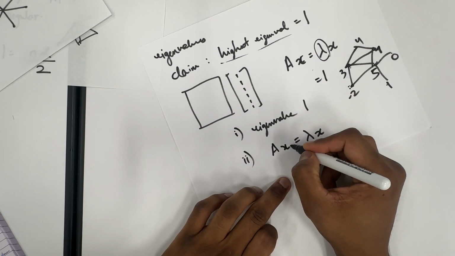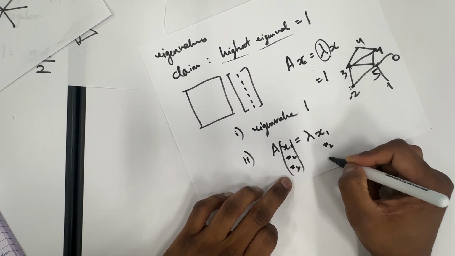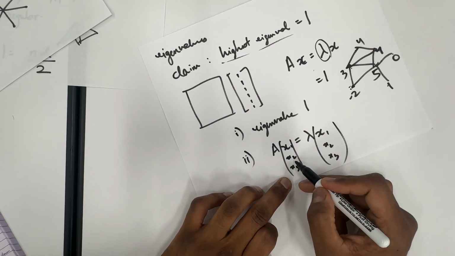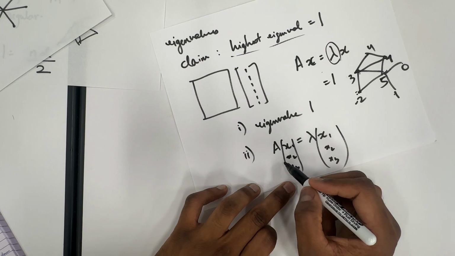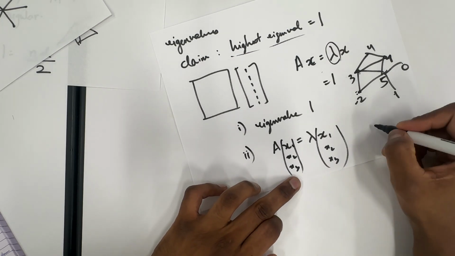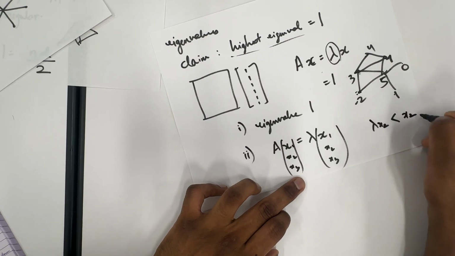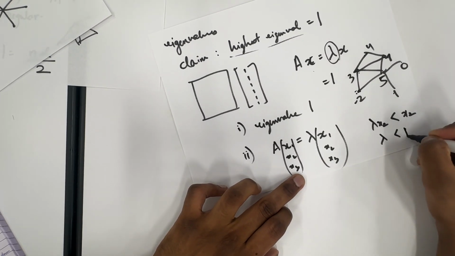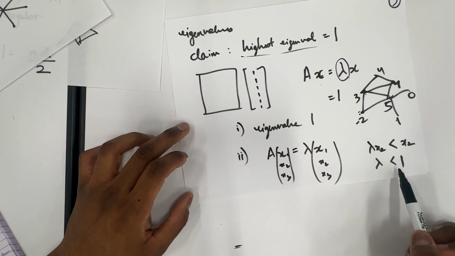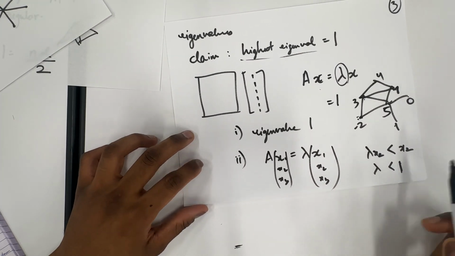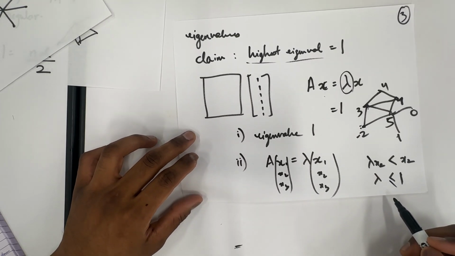For example, this vector was x1, x2, x3, and this one again x1, x2, x3, and so forth. Let's say x2 was the highest value. When I multiply it with the adjacency matrix, lambda times x2 has to be lower than x2. Therefore, lambda has to be less than or equal to 1. So the highest eigenvalue is 1, and every other eigenvalue has to be less than or equal to 1. Which is an interesting thing to see.